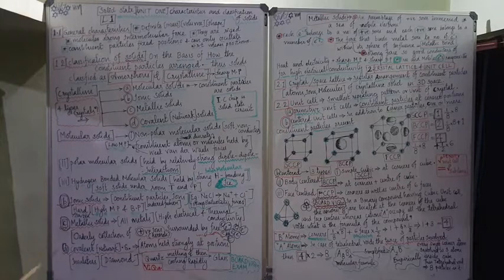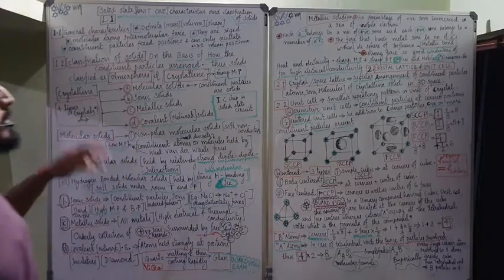Then the metallic solid, which consists of all metals, has high electrical and thermal conductivity, and positive ions or kernels in an orderly collection surrounded by free electrons. Then the covalent network solid, in which atoms are strongly held at positions. Example, diamond, an insulator. And quartz can be converted to glass by melting and then cooling rapidly.